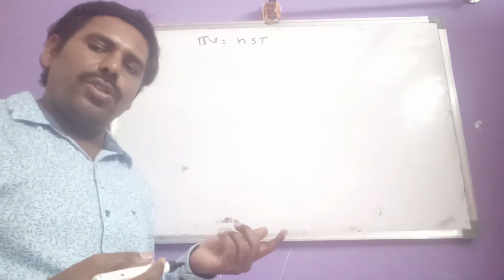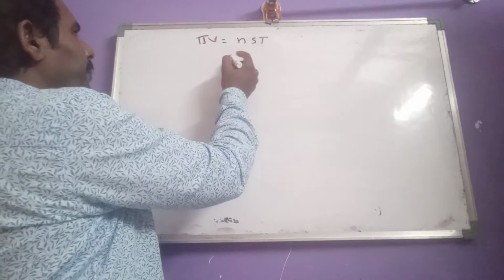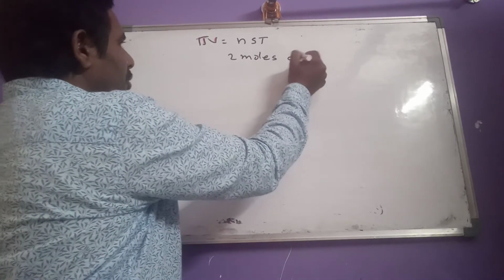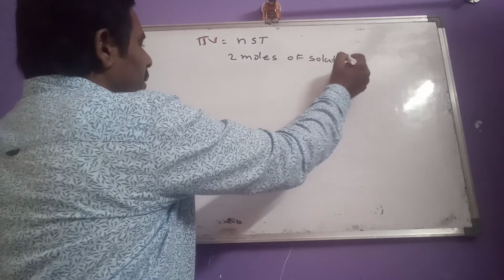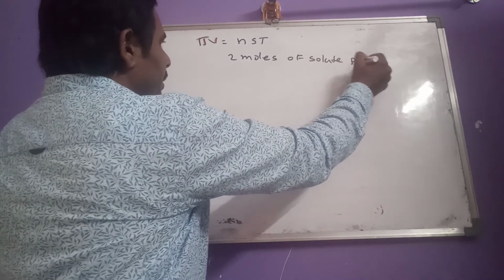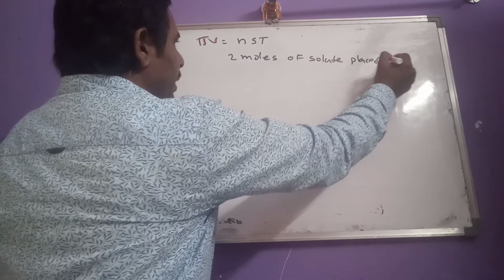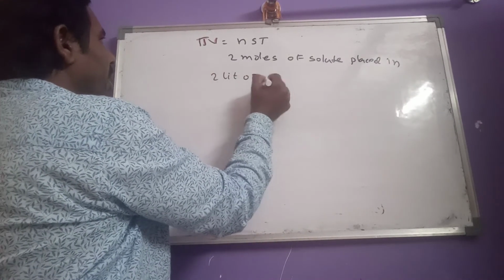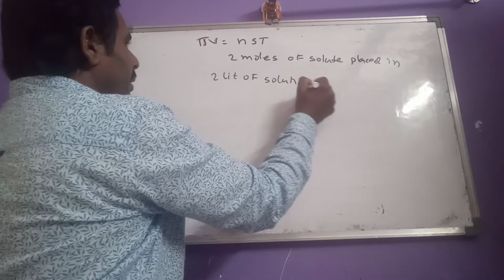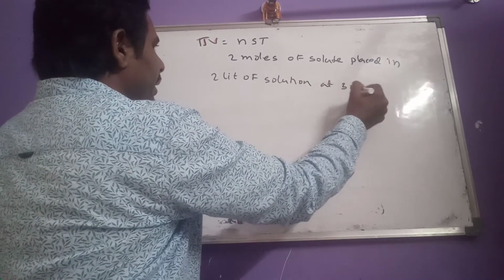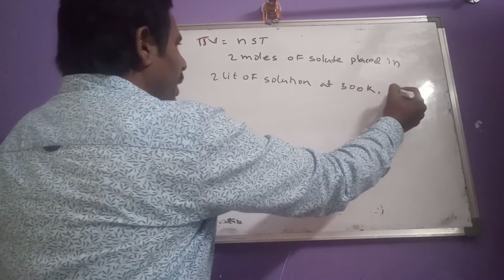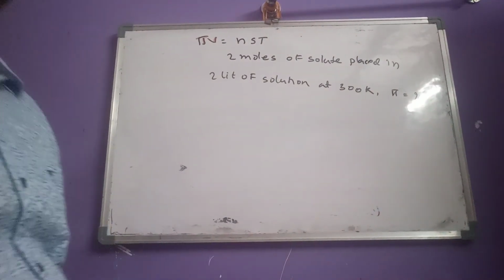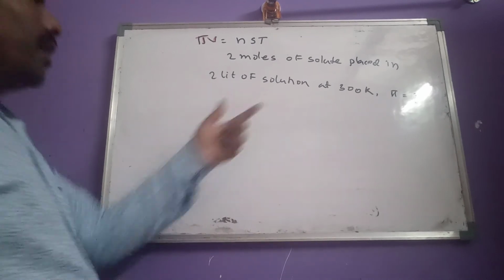When 2 moles of solute are present in 2 liters of solution at 300 Kelvin, what is the osmotic pressure observed?